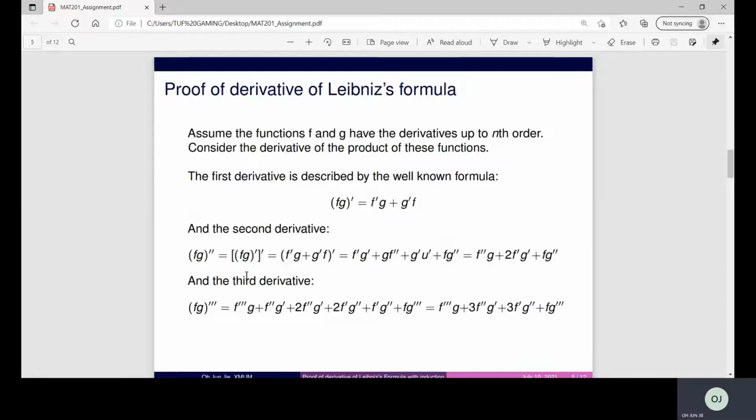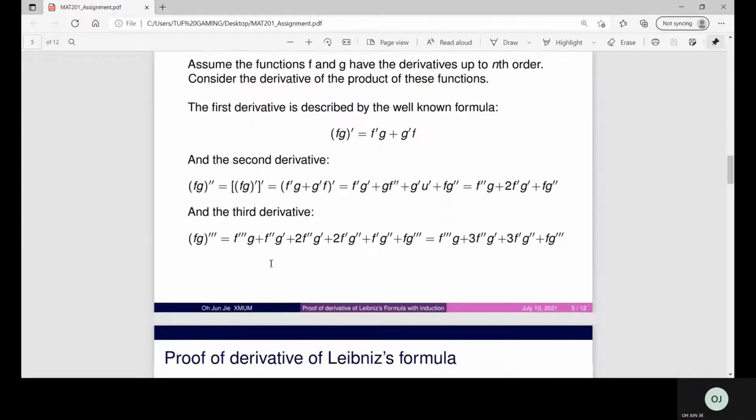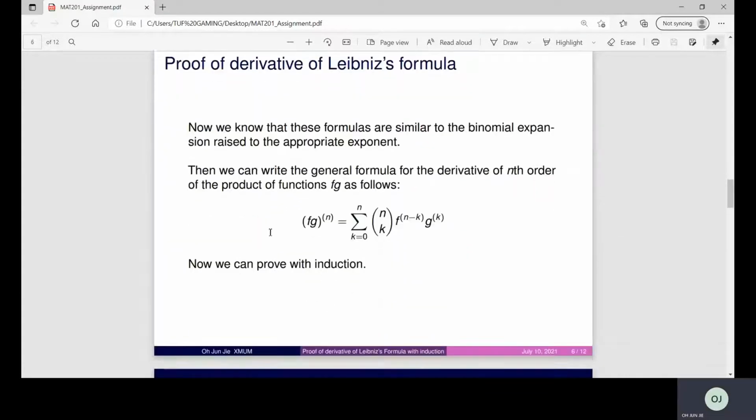We do n times, we can also use the same way to differentiate. So from this relationship, we know that these formulas are similar to the binomial expansion raised to the appropriate exponent.